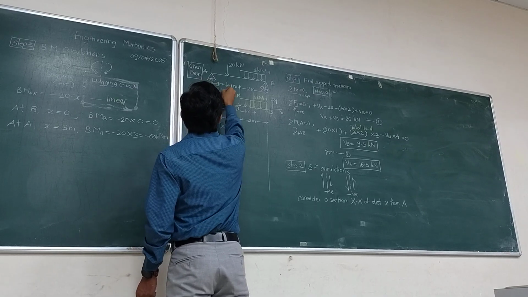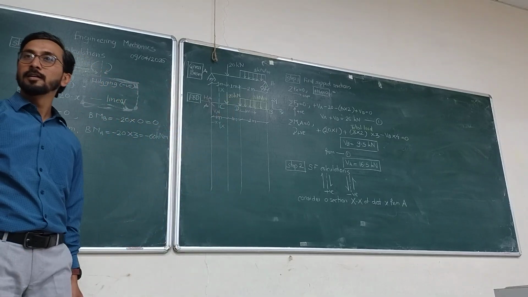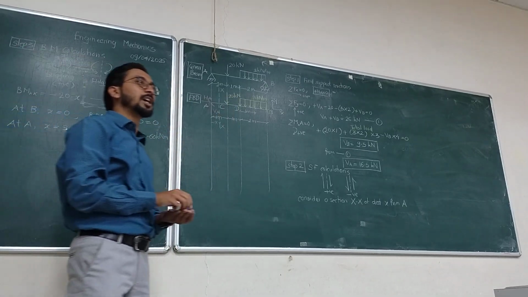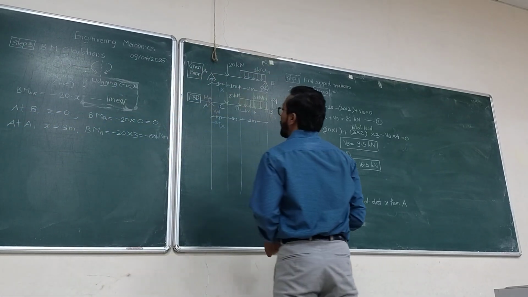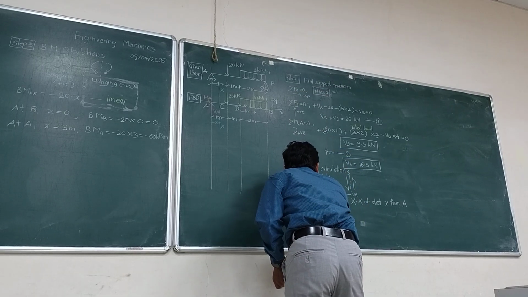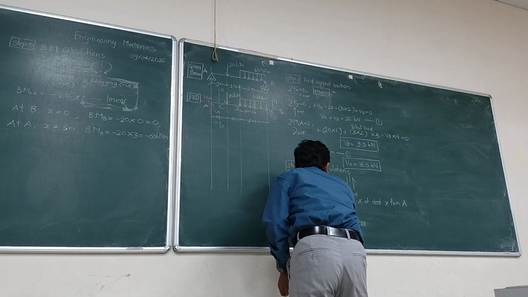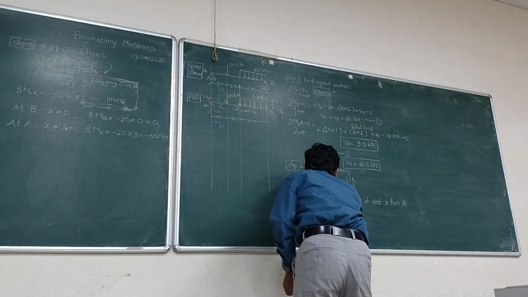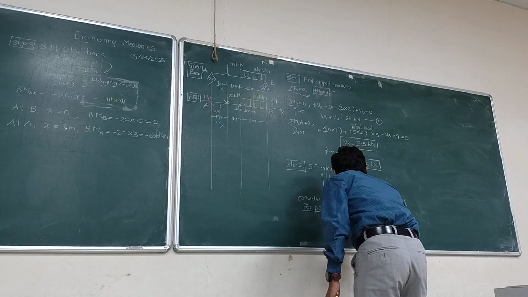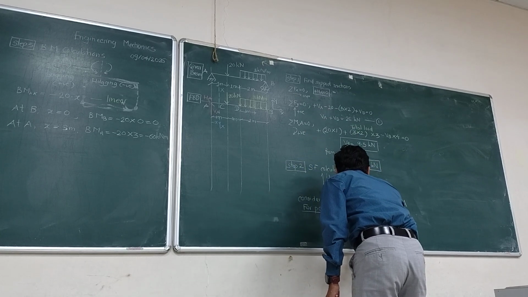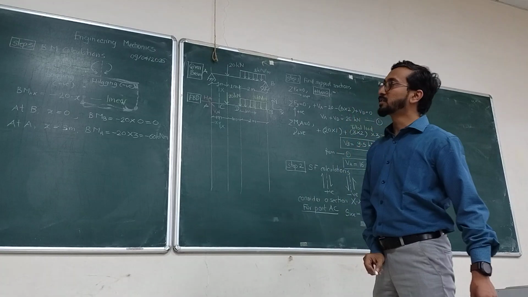This is your section XX. घेतलेला आहे x distance वर. Now can you write the equation of shear force for part AC? Let us write the equation of shear force. Shear force at XX section is equals to काय सांगणार?